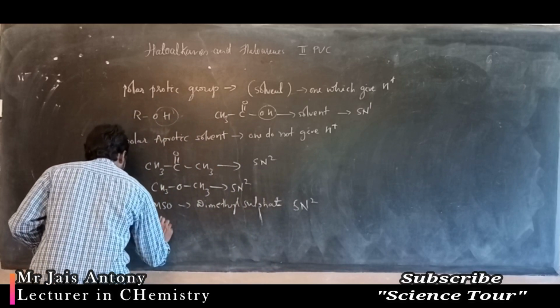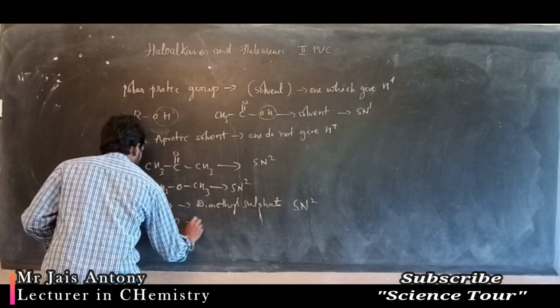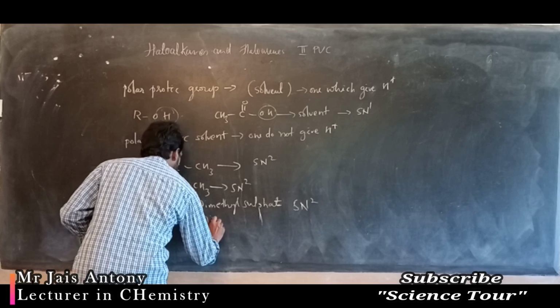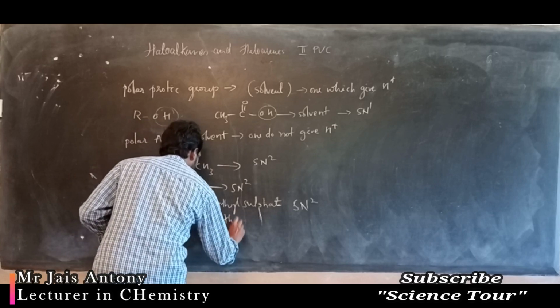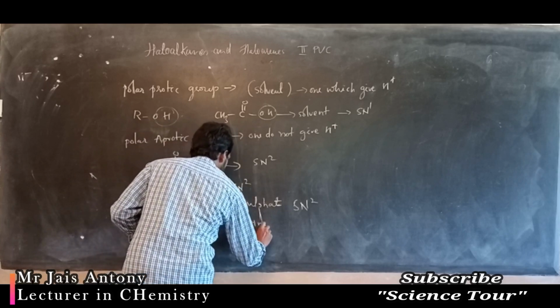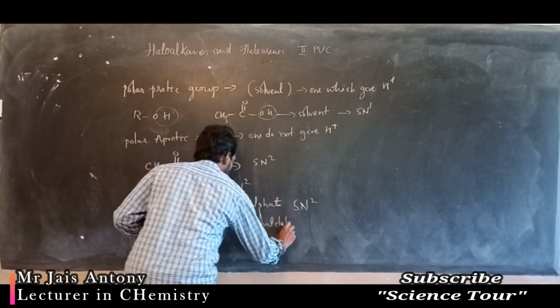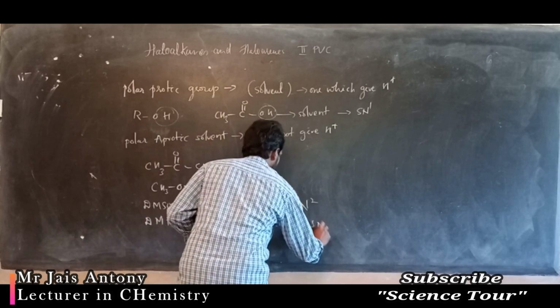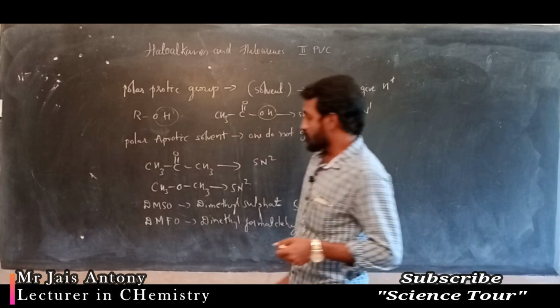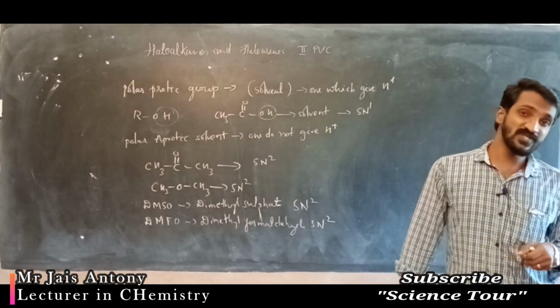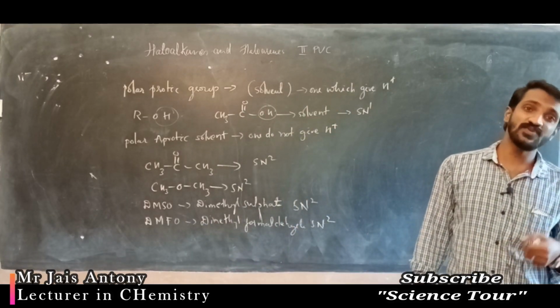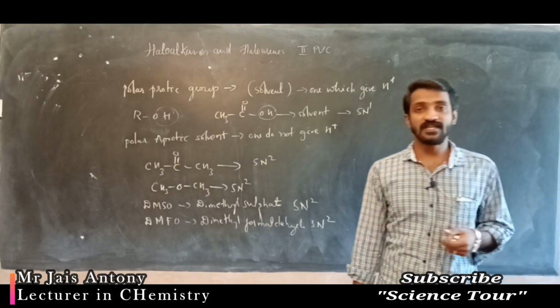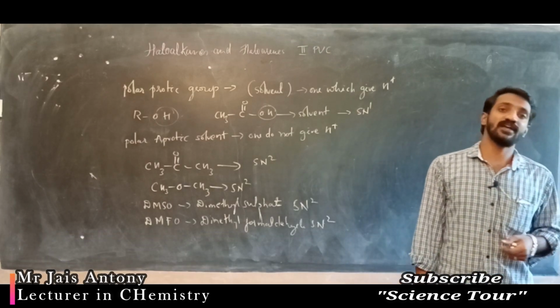Dimethyl formamide, SN2 reaction. So by seeing the solvent used in a particular reaction, you can identify whether it is an SN1 or SN2 mechanism. Understood?